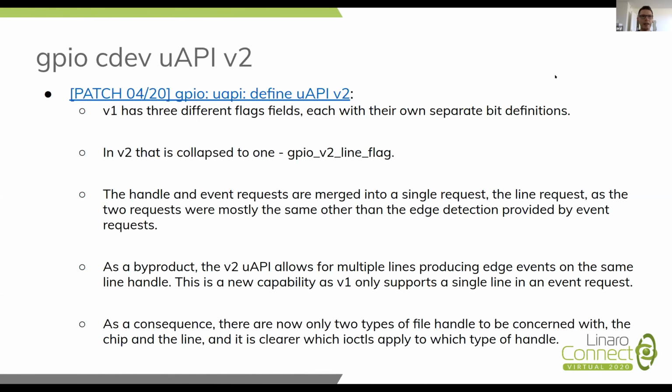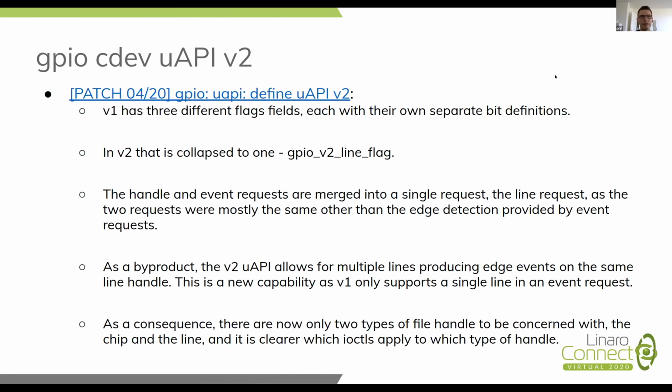The user space API is actually wrapped in a library that we have, called libgpiod. It's basically a wrapper around the bare ioctl calls, which makes things easier.